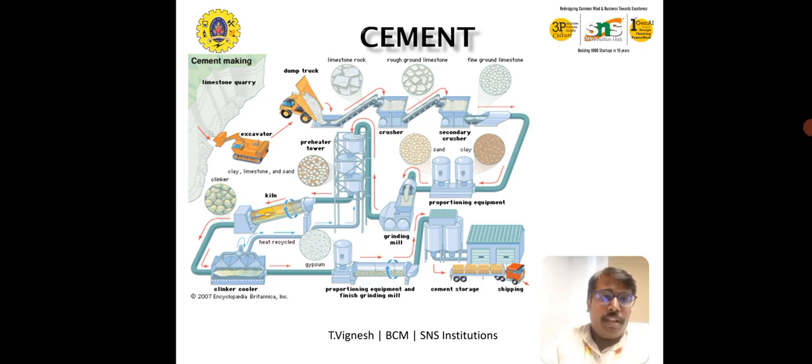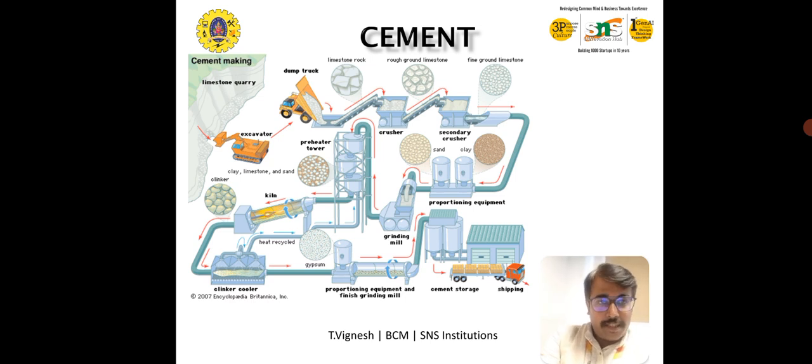In the next process, the ground powder is sent to the proportioning equipment, where some amount of sand and clay is mixed into the limestone in a certain proportion. It is then ground, mixed, and goes to the preheater tower.